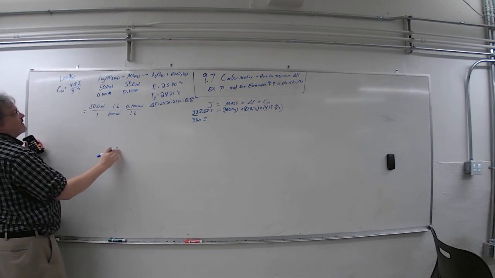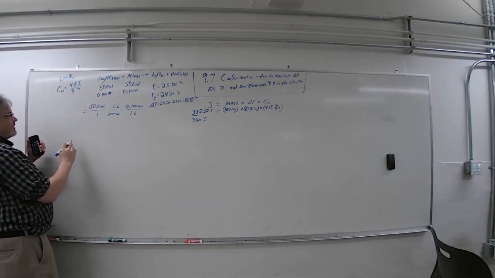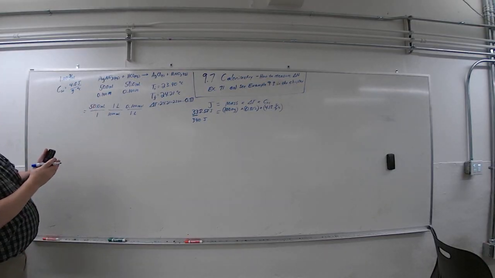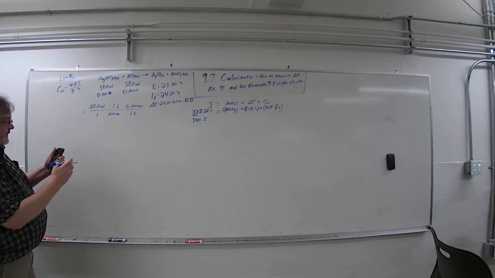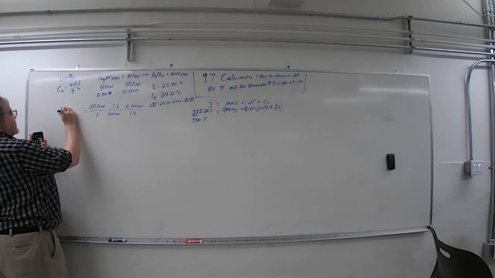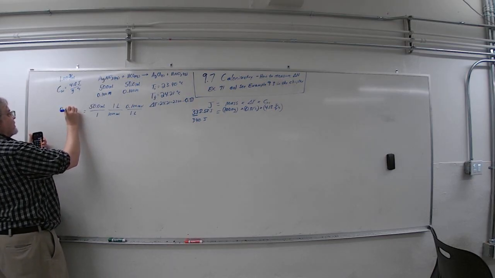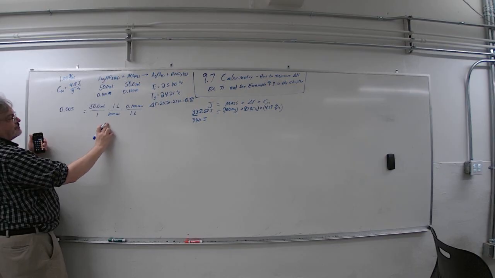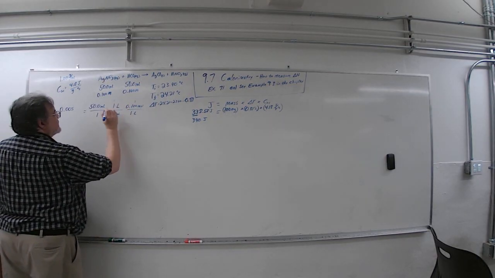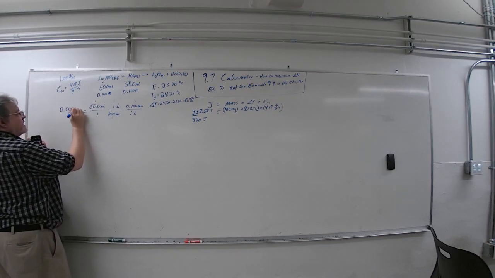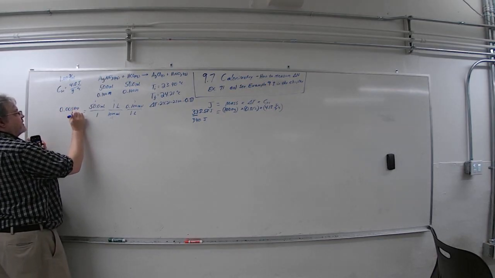So this will tell us how many moles we have. 50 times 0.1 divided by 1,000. I've got 0.005. Exact. That's 3 significant figures. So I need to put 2 zeros here.